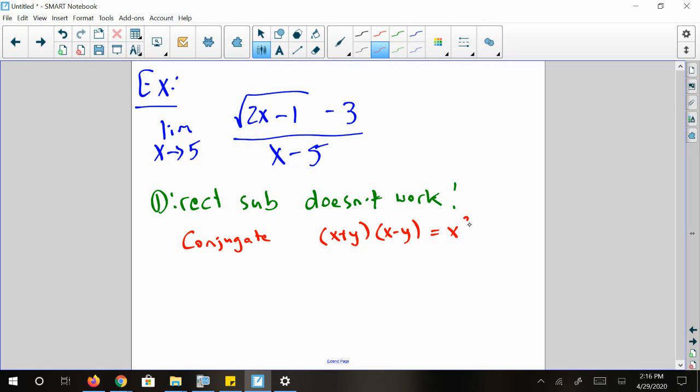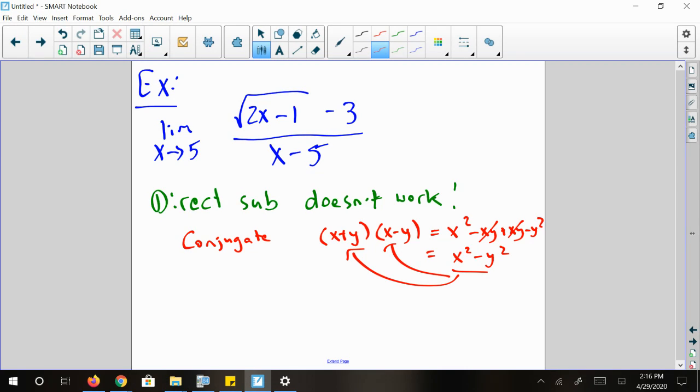And what you'll see is that anytime you multiply two conjugates together, the middle cancels out, and I'm just left with a difference of perfect squares, x squared minus y squared. That's why whenever you factor this, you always factor it as x plus y times x minus y, just like in the last problem, when we factored x squared minus 9, we did x plus 3 times x minus 3.